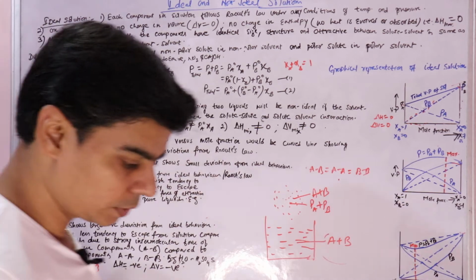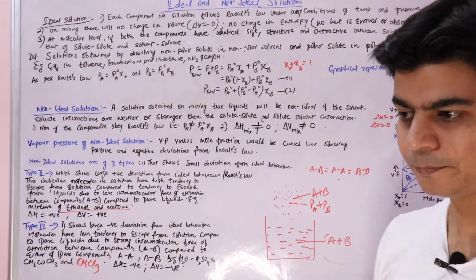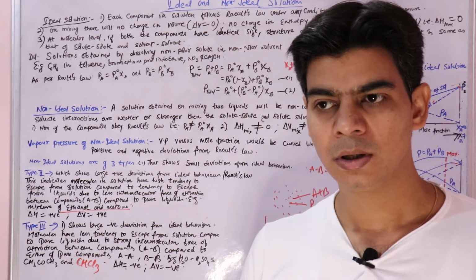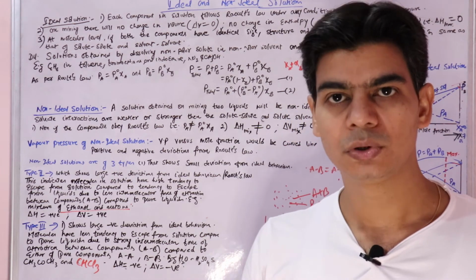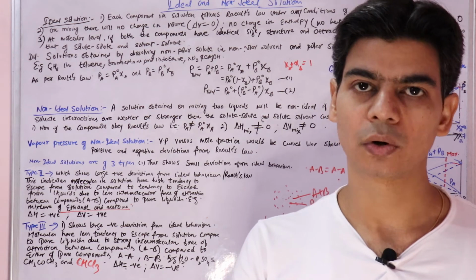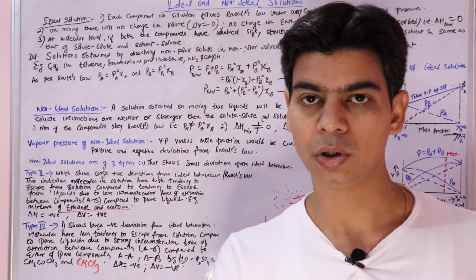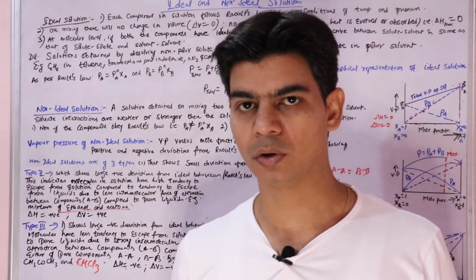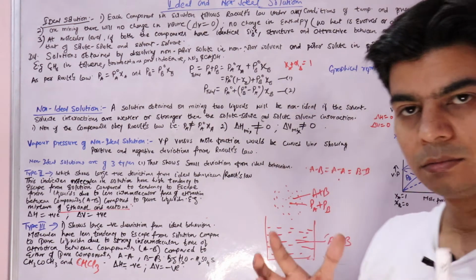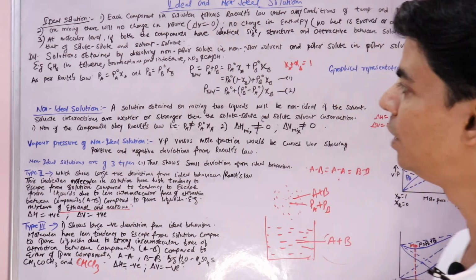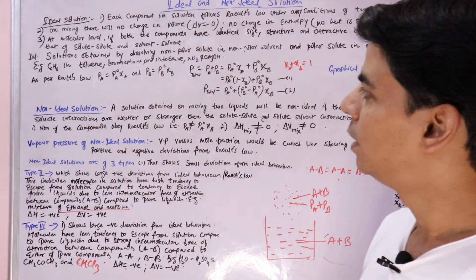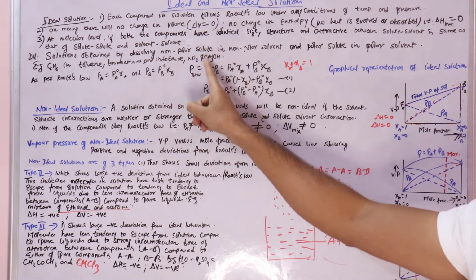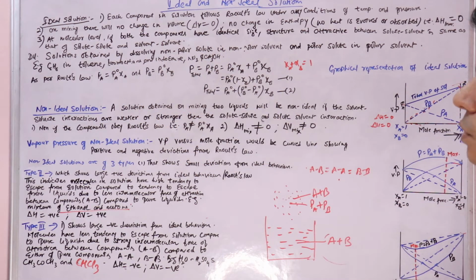So what kind of liquids will form ideal solutions? Generally, dilute solutions that consist of polar solute in polar solvent and non-polar solute in non-polar solvent are ideal solutions, or near to ideal. Examples are benzene and toluene, bromoethane and iodoethane, NO2 and CH3OH. These are ideal solutions.